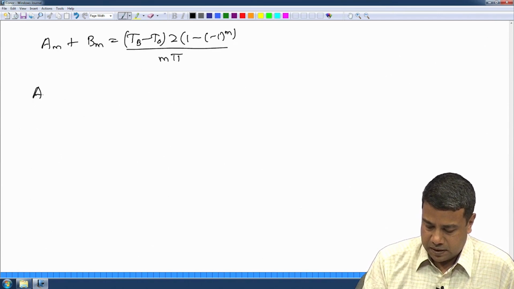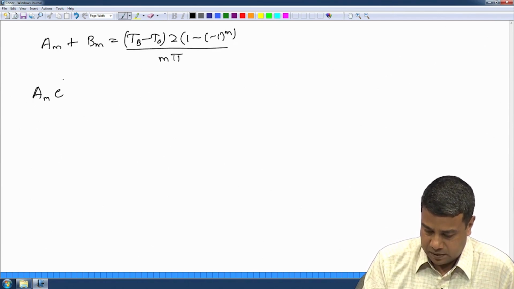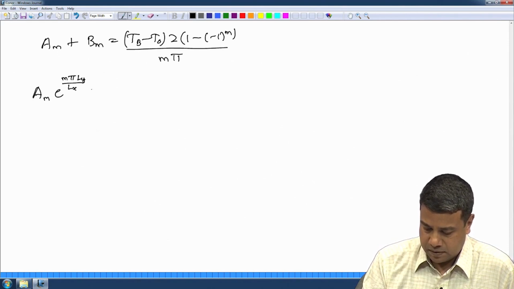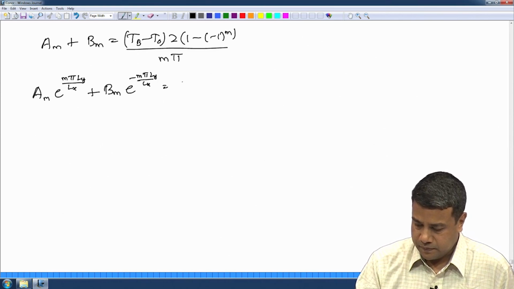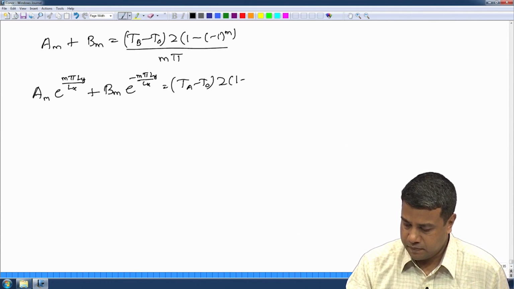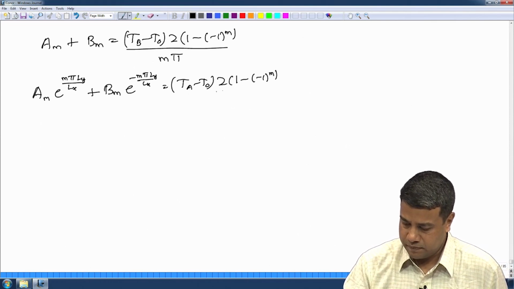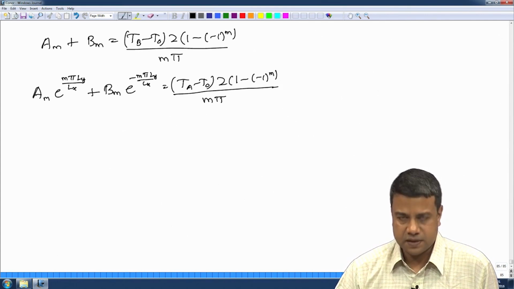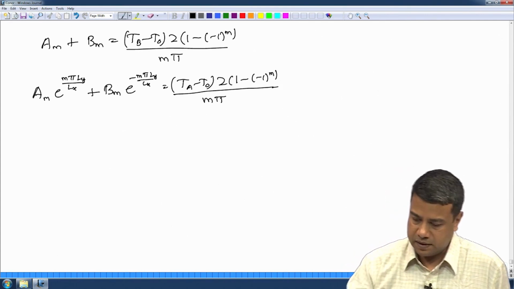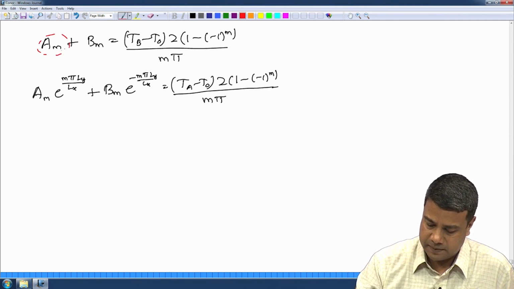And the other one is at Am e power. And these are two simultaneous equations that can be solved in order to calculate these constants a m and b m.